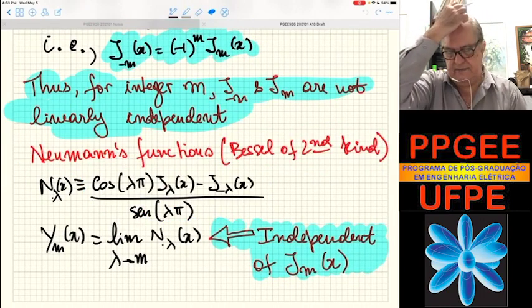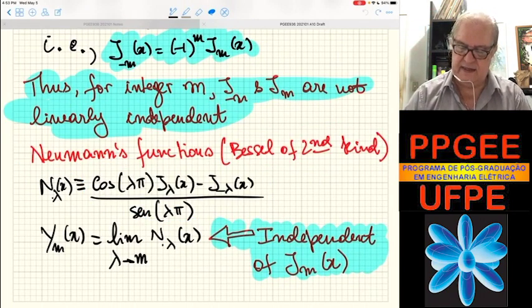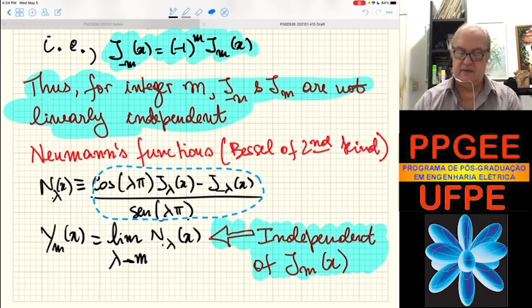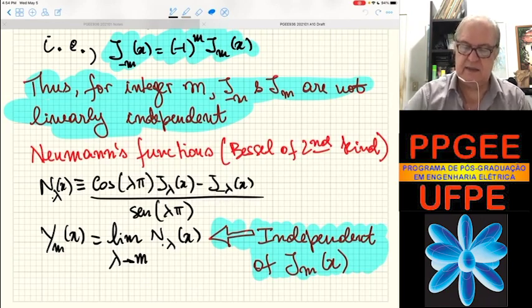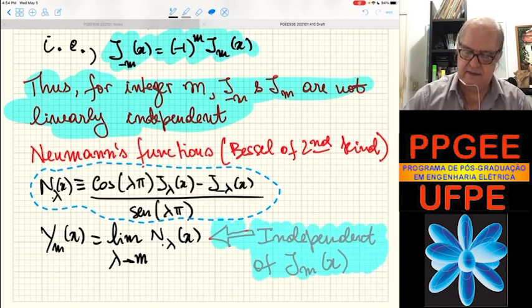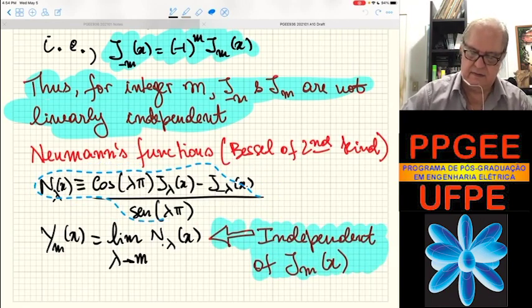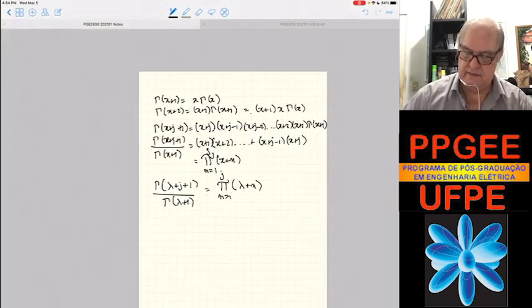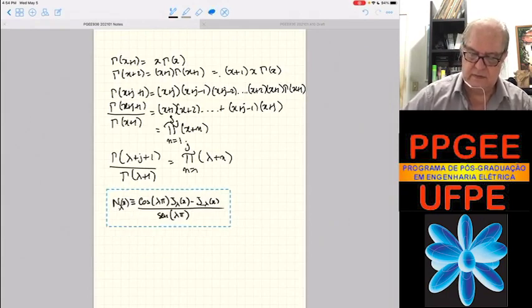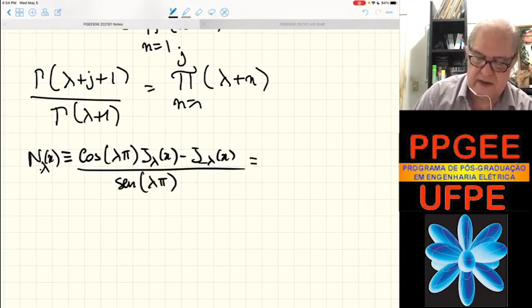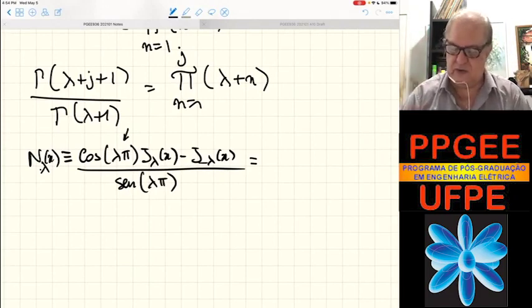You see that if we have lambda integer here, let's pick this thing here and make lambda integer. This is going to be cosine m pi, which equals minus 1 to the m.